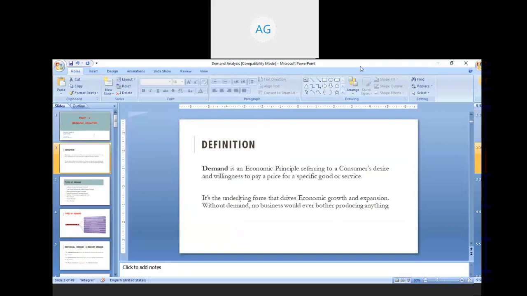Now first we will discuss the definition of demand. Demand is an economic principle referring to a consumer's desire and willingness to pay a price for a specific good or service.